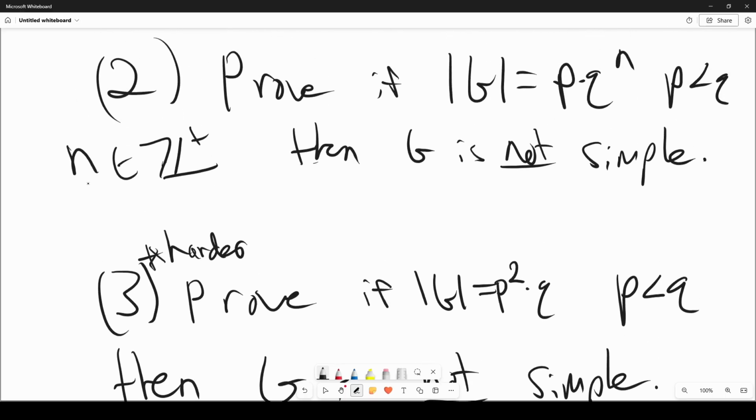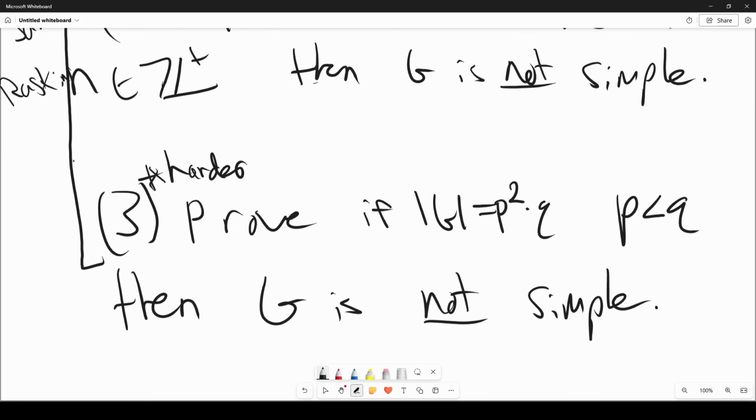And I should give credit, these examples are credited to Professor Sam Raskin, as helpful examples for group theory and using the Sylow theorems.